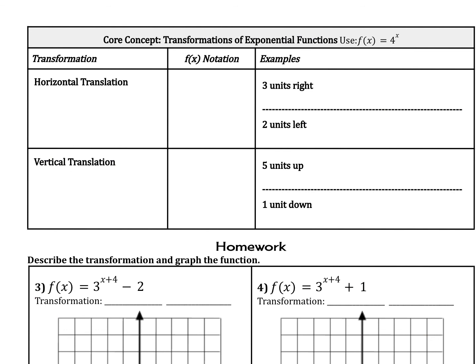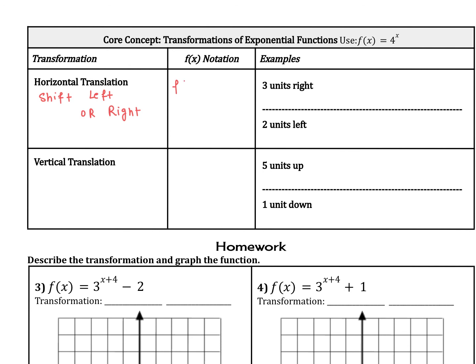So the core concept on transformation of exponential functions: you're going to use f(x) equals 4 to the power x as your parent function. What is horizontal translation? Horizontal translation means you're going to shift the graph left or right. That is what moving or translating horizontally means.